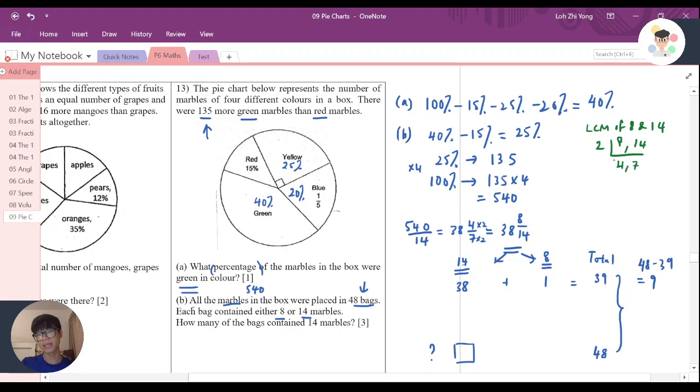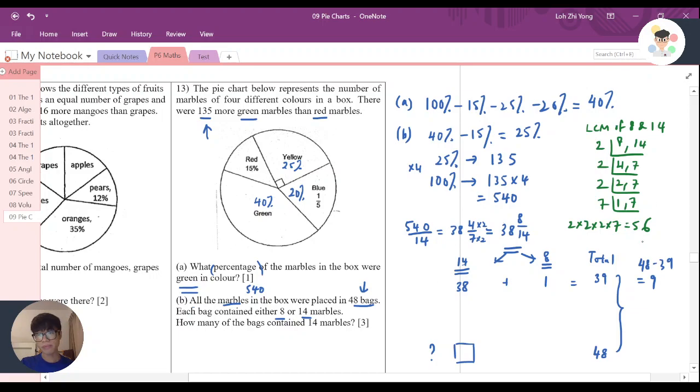It's 4, 7, divide by 2, 2, 7, divide by 2, 1, 7, divide by 7. So it's actually 2 times 2 times 2 times 7, so it's 56. Which means every time I need to remove a certain amount here, then add to another certain amount here.